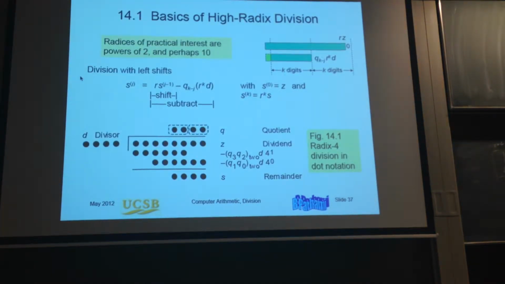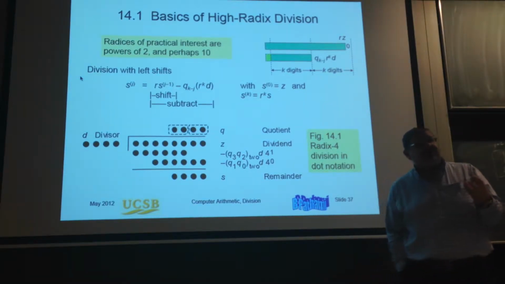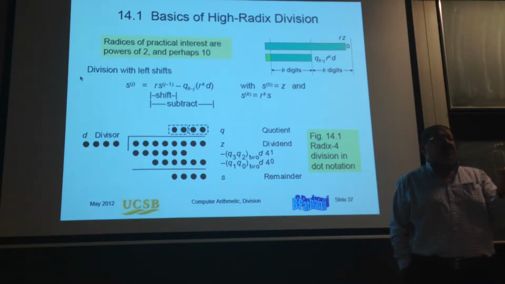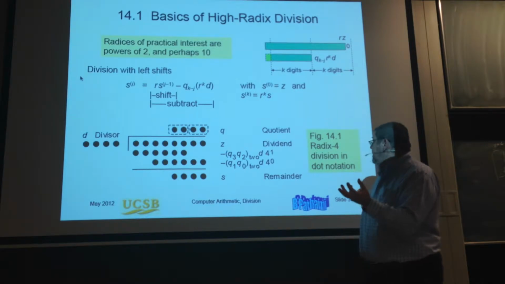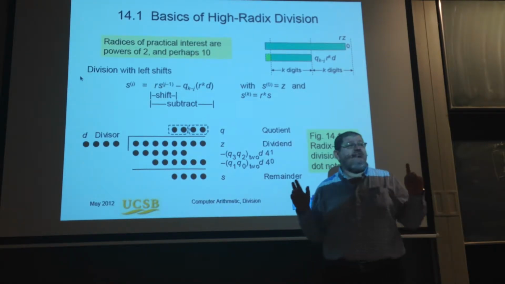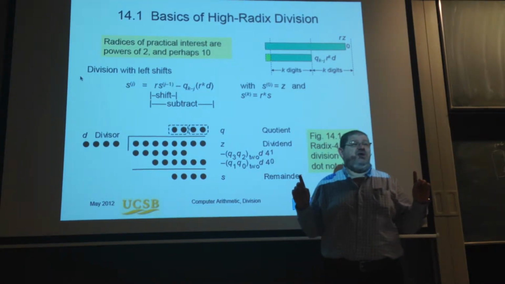Let us look further, and let us look now at high radix division. If I'm doing high radix, let's say radix 4, instead of making a guess a bit at a time, now I'm making a guess a digit at a time. Because I am in radix 4, my digits can be 0, 1, 2, 3.